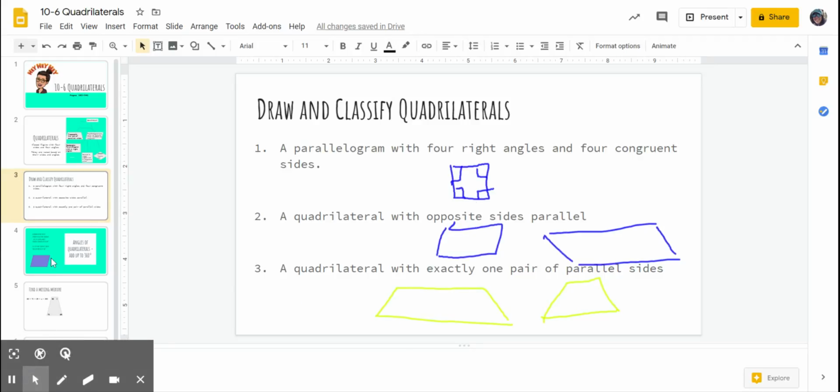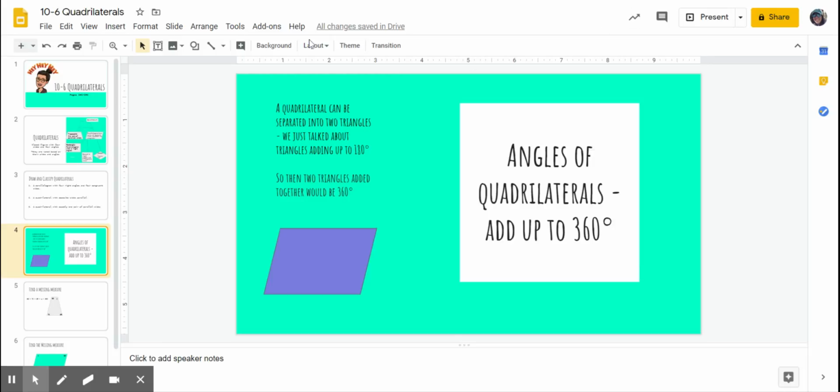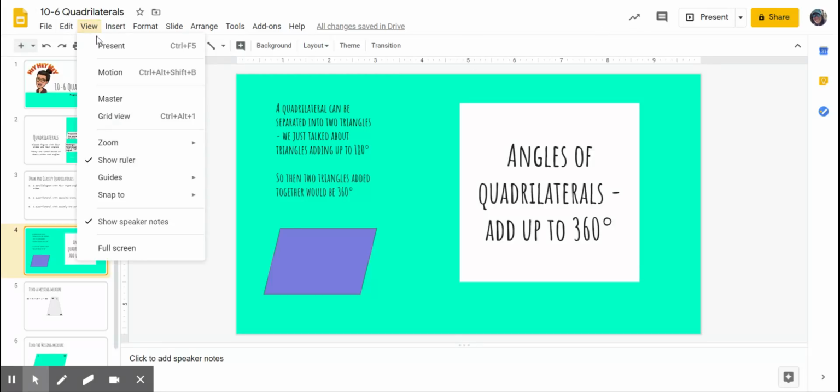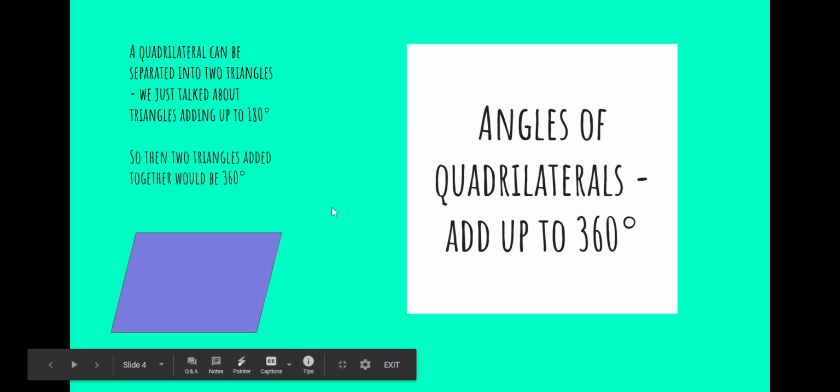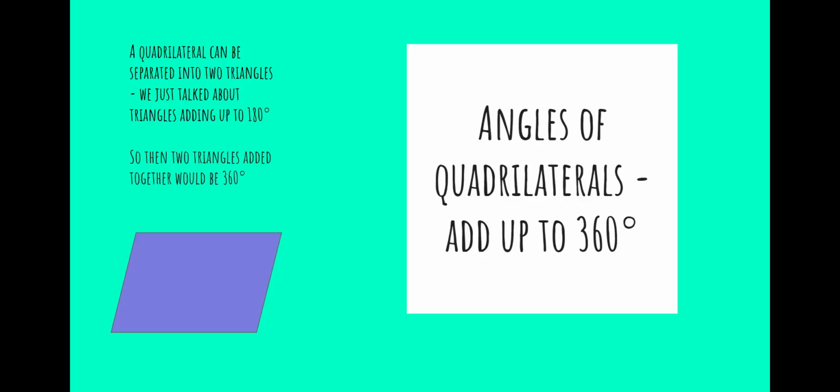Looking at this next slide, I'm going to make this one bigger so you guys can read it. Yesterday we spent the day talking about triangles, and we talked about how the degrees of a triangle need to add up to 180 degrees. So a quadrilateral can really be broken down into 2 separate triangles.